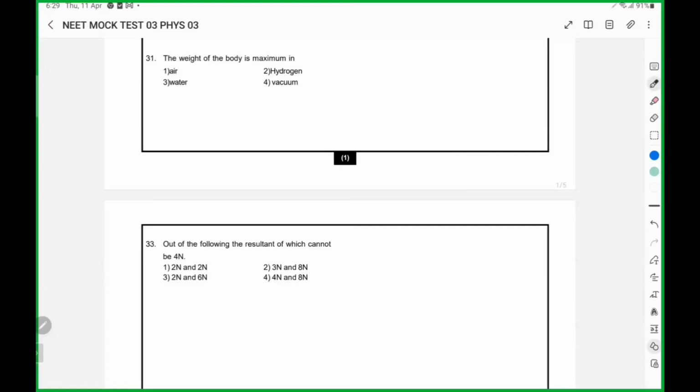So here, the weight of the body decreases due to apparent weight, that is due to the force of buoyancy.